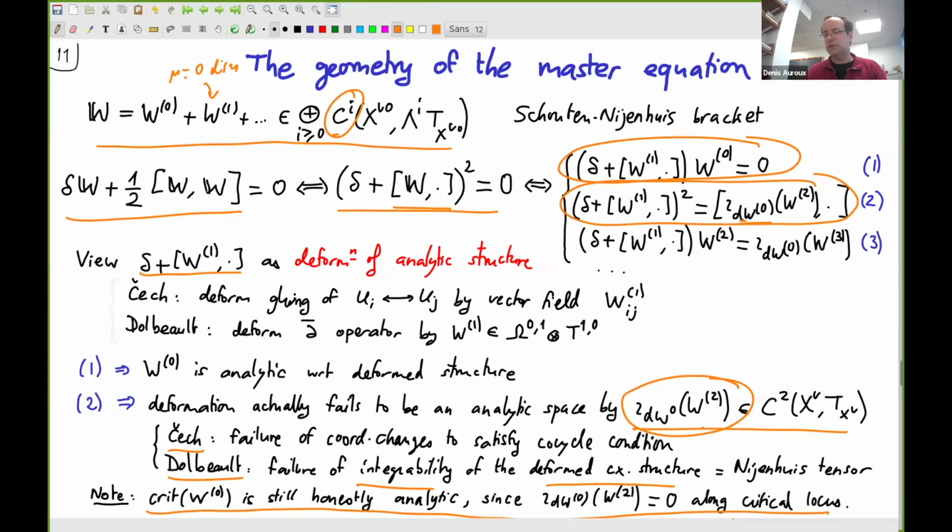Optimistically, if you use this modified Dolbeault picture and the mirror becomes something with an almost complex structure, that's going to be important for what you mean by matrix factorizations and so on. The Fukaya category is fine with an almost complex structure. It will not notice the difference with a complex structure.